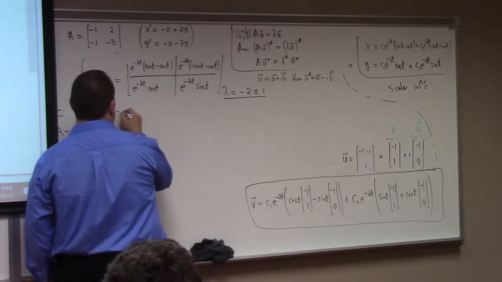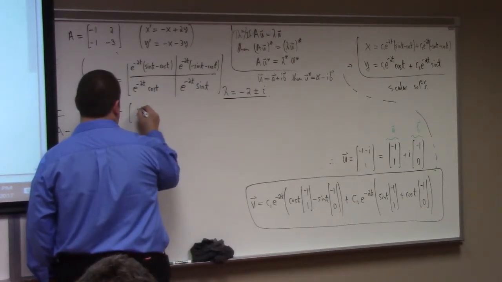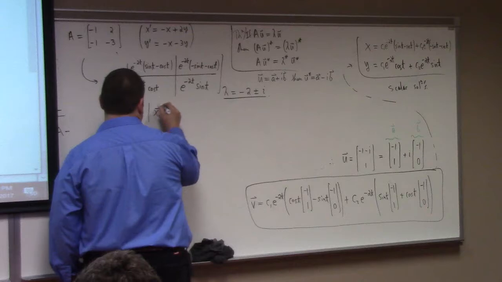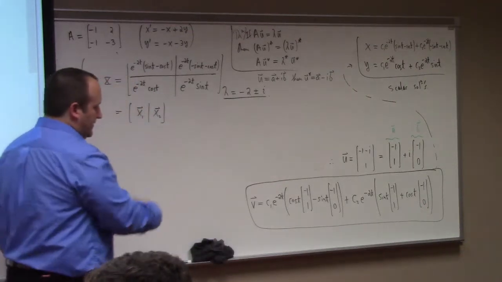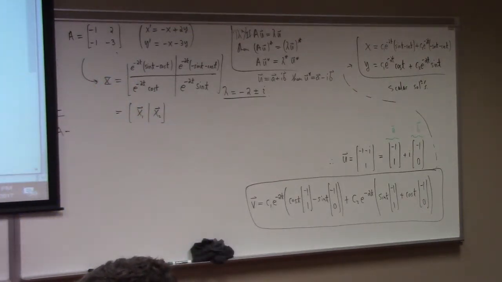Okay, so what we're looking at here is just x1 and x2. I mean, it's the two fundamental solutions concatenated into a matrix. That's all it is, okay? But that's a fundamental solution matrix. Okay.